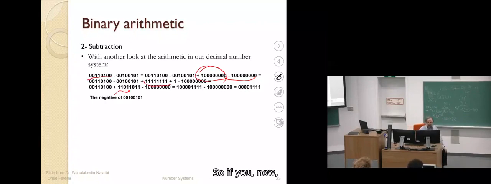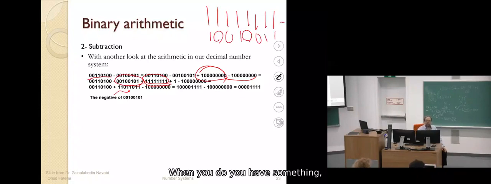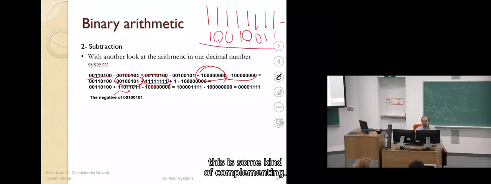So if you have 11111 minus 00011, it is some kind of complementing. You see, we have 11111111 minus, let's say, 10010011. When you do that, you have something. This is some kind of complementing.